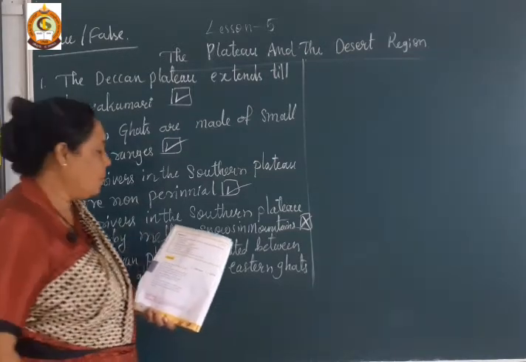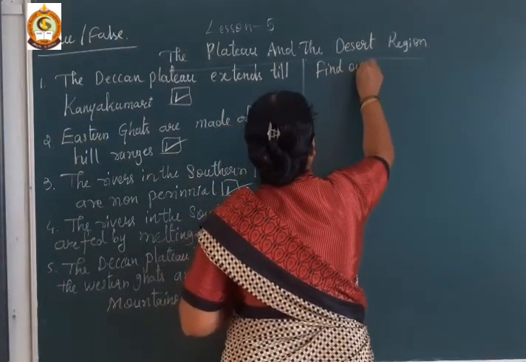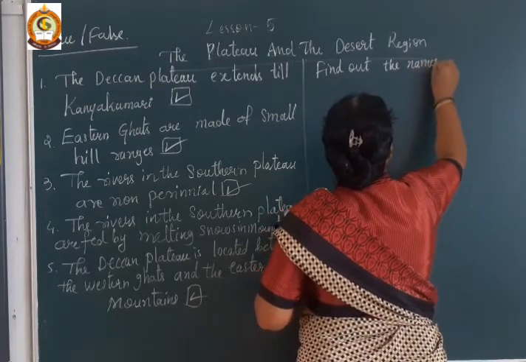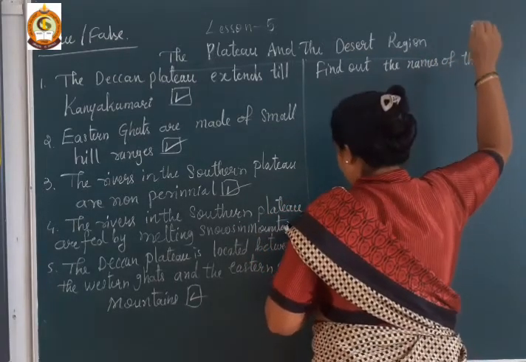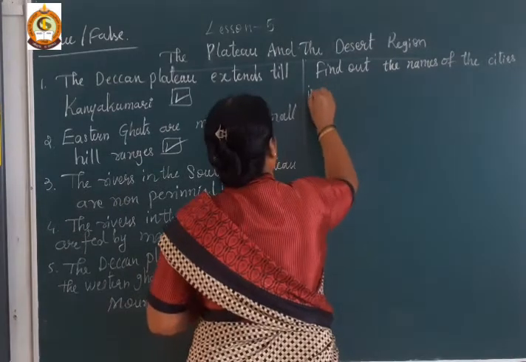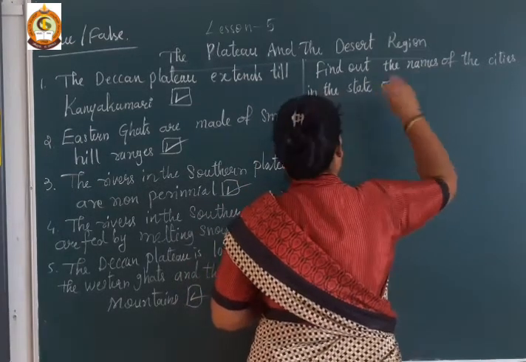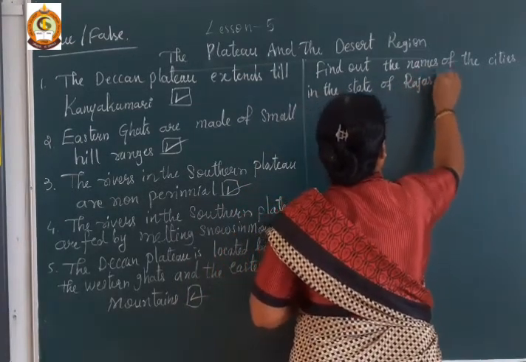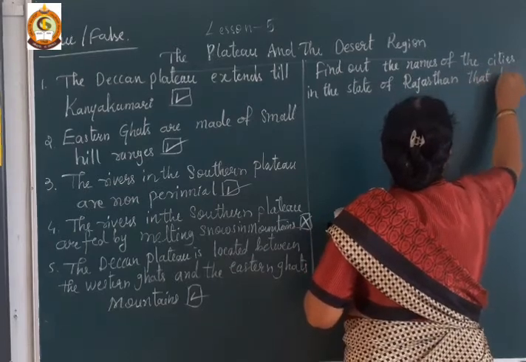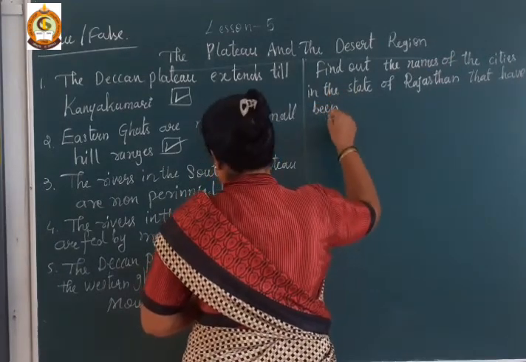Okay, dear student. Activity 2 is, find out the names of the cities in the state of Rajasthan that have been given these titles.